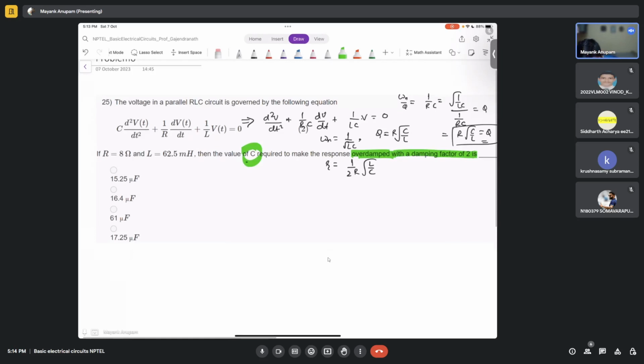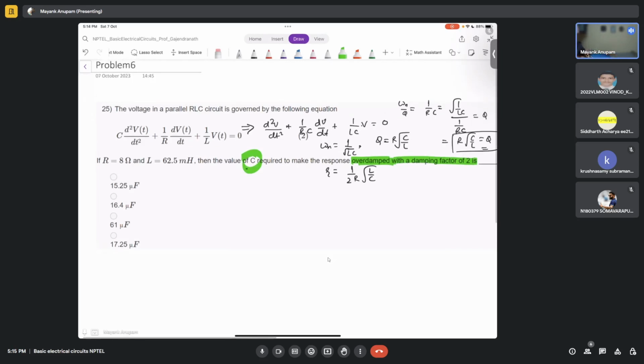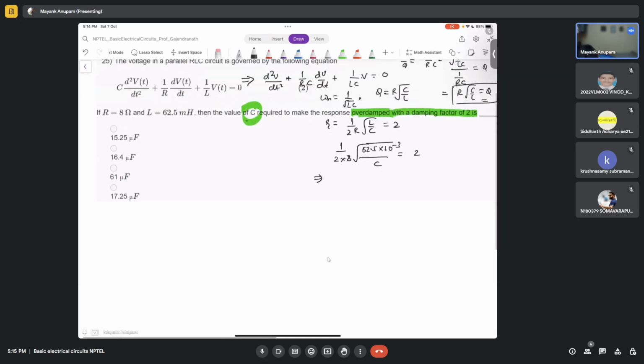So zeta has to be equal to 2, right? R is 8, L is given as 62.5 into 10 to the power minus 3, divided by C, equal to 2. Tell me, what is the value of C here?